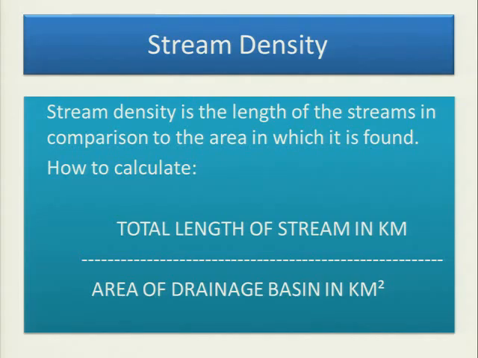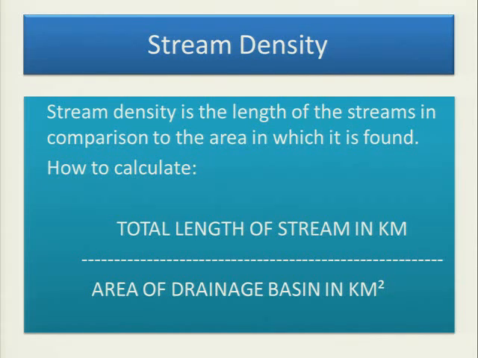Right, stream density. How do we calculate it? We take the total length of the stream in kilometers and we divide it by the area of the drainage basin in square kilometers. I told you, you won't be able to calculate it because it will take you the whole time that you are there writing the exam, all 3 hours, to calculate it.